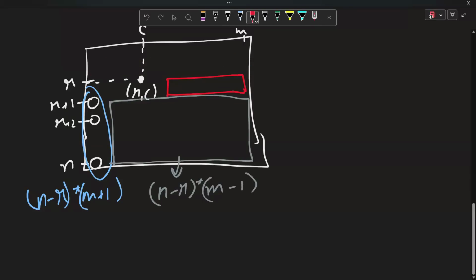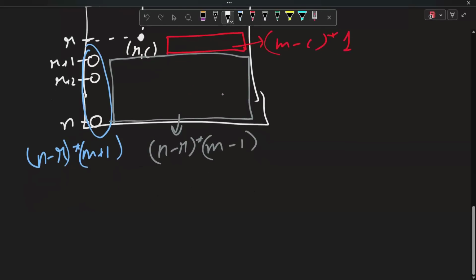So for these people, the value we add is m minus c multiplied by 1. You can say all of them would just move by 1. Basically, my final answer is going to be the sum of all these parts.